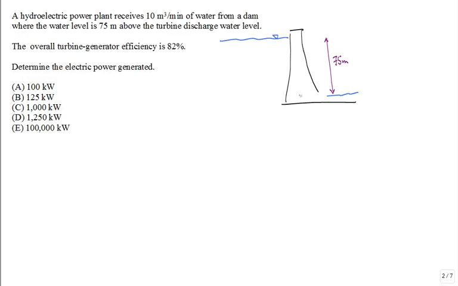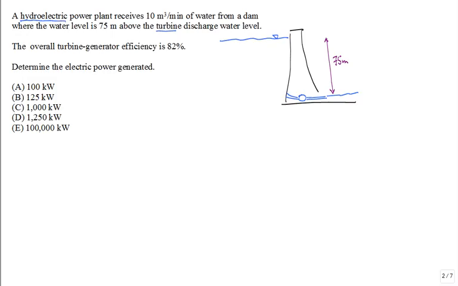So we have a hydraulic turbine which will take some water in and discharge it. Now that turbine is used to generate electricity.